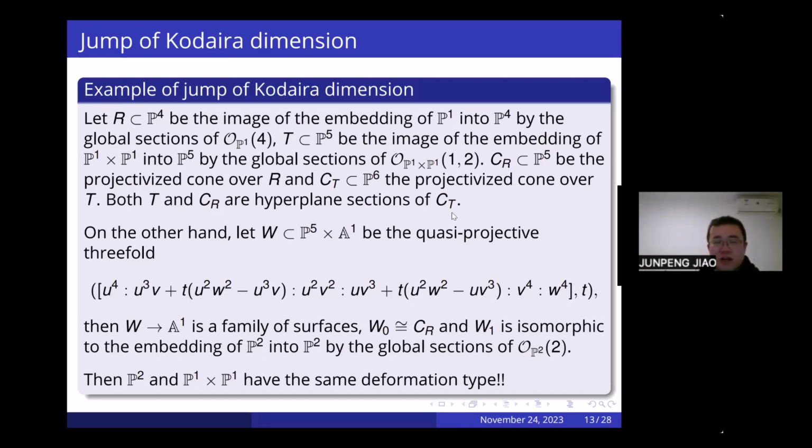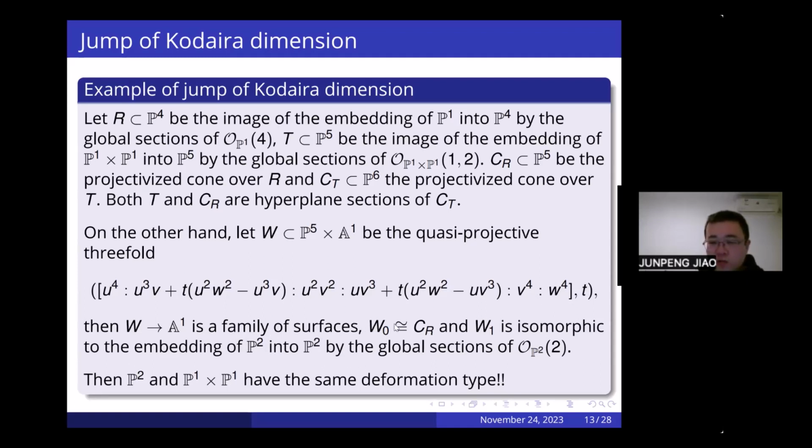But on the other hand, let W be a closed subvariety in P^5 × A^1, in the quasi-projective threefold defined here. Then we know that this natural projection gives us a family of surfaces.